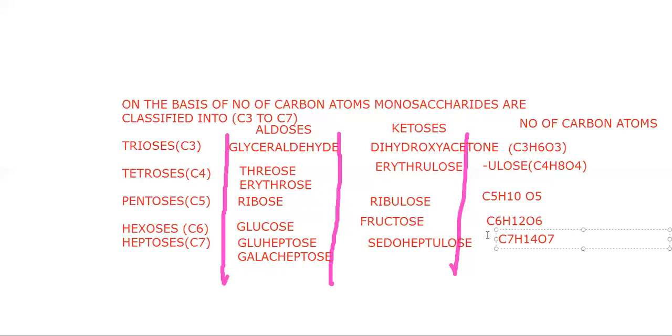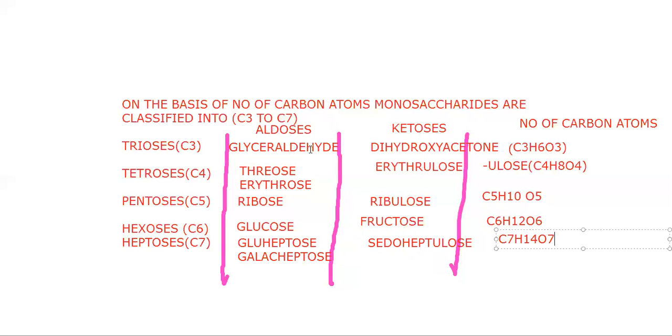Again, I would like to repeat this slide here. They are divided into trioses, tetroses, pentoses, hexoses, and heptoses. Carbohydrate names end with the suffix -ose, and depending upon the number of carbon atoms, can be C3, C4, C5, C6, and C7 sugars, called trioses, tetroses, pentoses, hexoses, and heptoses respectively. The sugars are also divided into two categories, aldoses and ketoses, depending upon their functional groups.